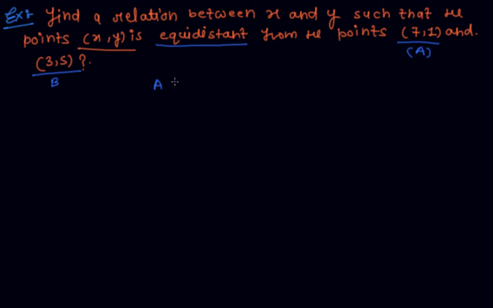The first point A, whose coordinates is 7, 1, point B, whose coordinates is 3, 5, and the unknown point P, whose coordinate is x, y. Now this point P is equidistant from A and equidistant from point B. So these two distances are equal.